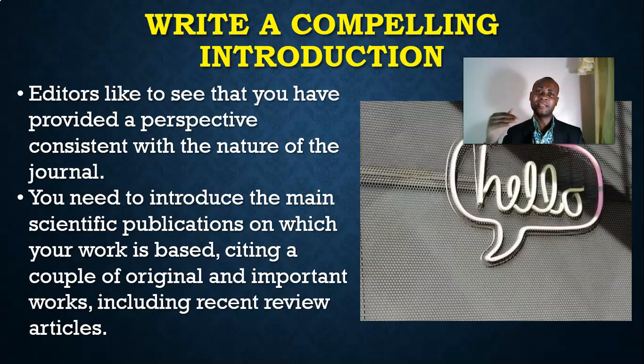So it will begin with what your study is about and why it's interesting, and then you move on to what others have already done, what similar studies have been conducted, and what others have said. Then you indicate the research gap. After you indicate the research gap, you tell how you are going to fill in the gap by telling about your research and then the objectives of your research.